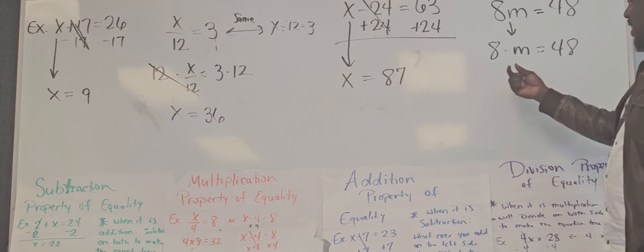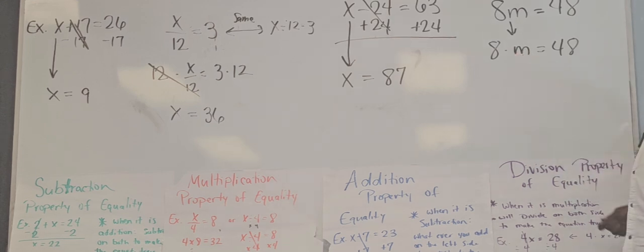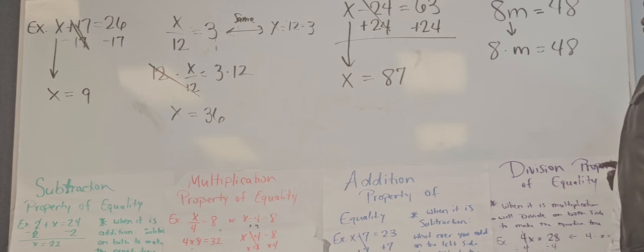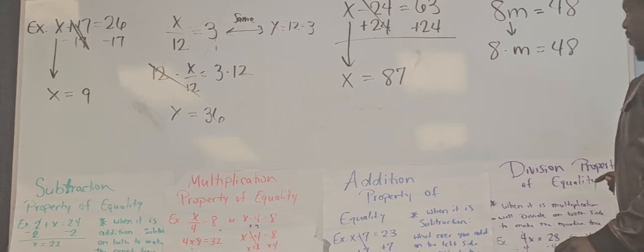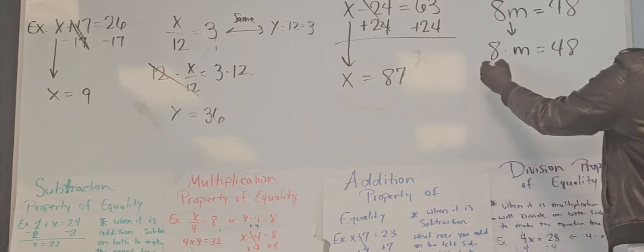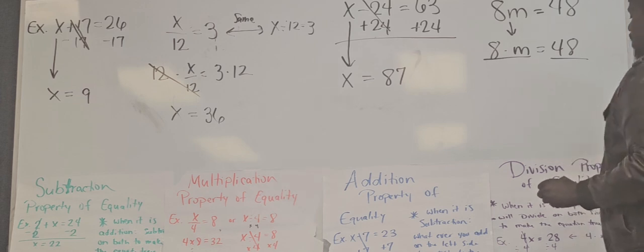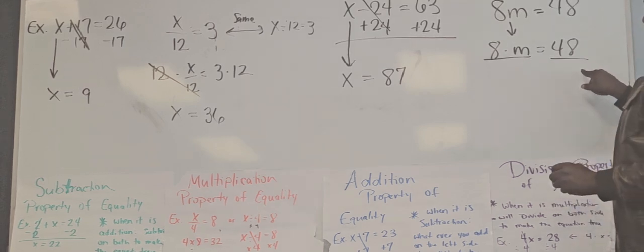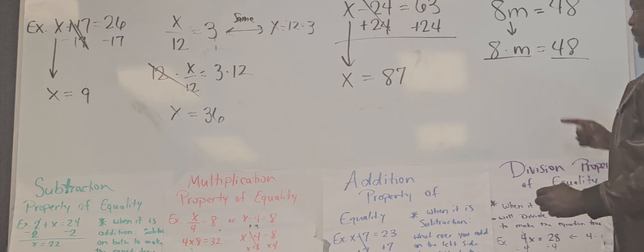So since this is multiplication, we have to do the inverse of multiplication to figure out what m is. And the inverse is division. So whatever we divide on this side, we have to divide on that side to get m by itself.